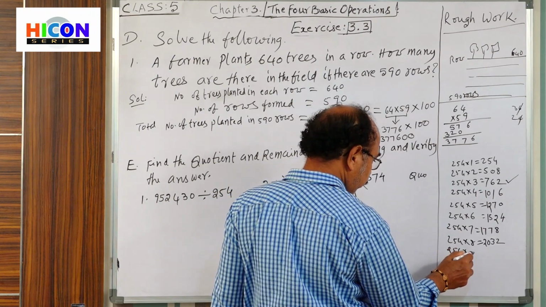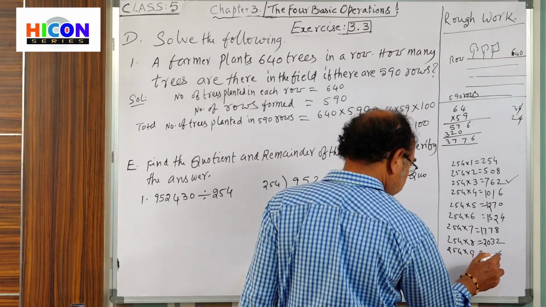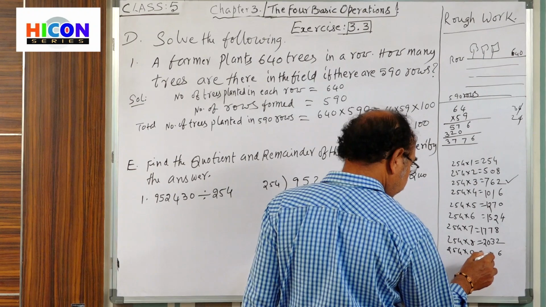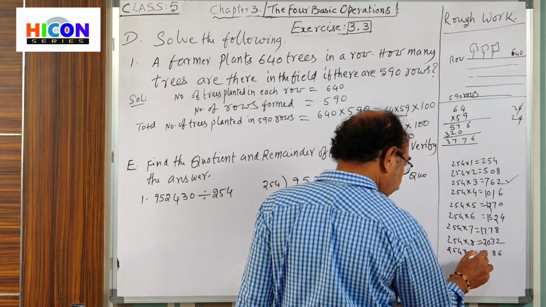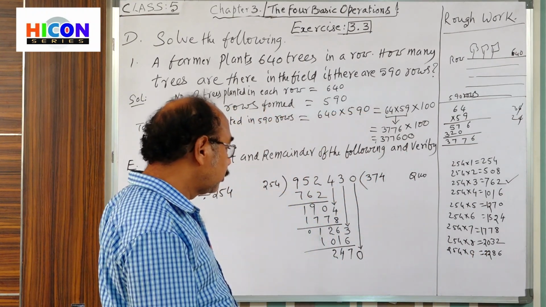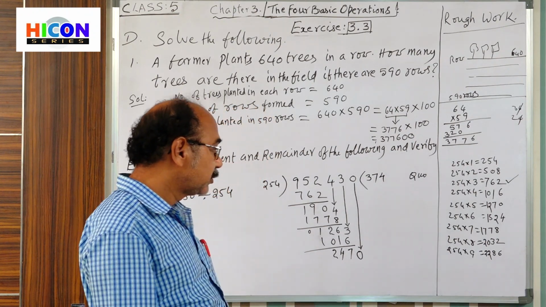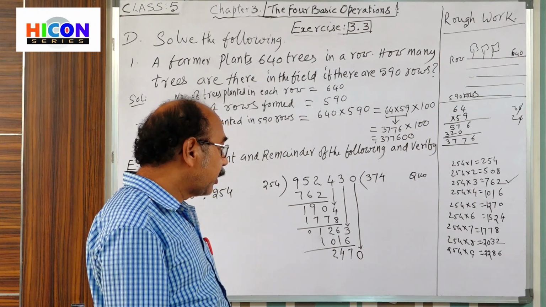254 into 9. 9 fours are 36, 3 carried. 9 fives are 45 plus 3, 48. 8, 4 carried. 2 nines are 18 plus 4, 20. 2286. 9 times. How many times?